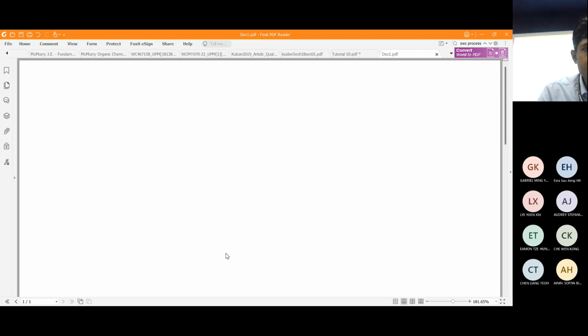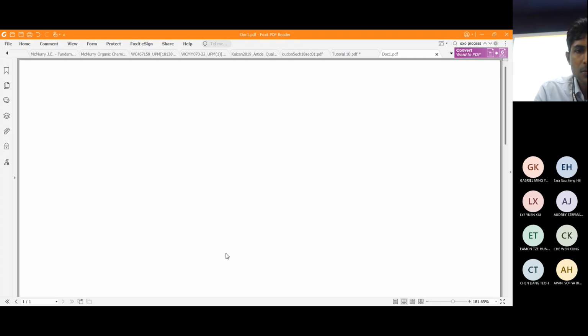Number 1, it should be 1 degree or sometimes 2 degree alkyl halide so that it is an SN2 reaction, right? If it is a 3 degree alkyl halide, then it should be an SN1 reaction. What SN1 reaction is, we will come to later.